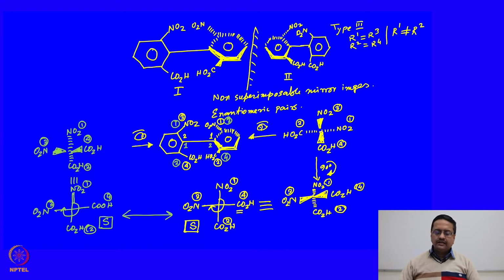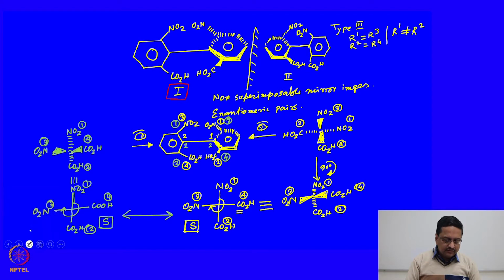I had taken one example where one compound had two different substitutions, R1 and R2 being different, and we tried to identify their notation names by looking at the two molecules from two different sides. So, in the previous class we had discussed how to find the absolute configuration of molecule 1.